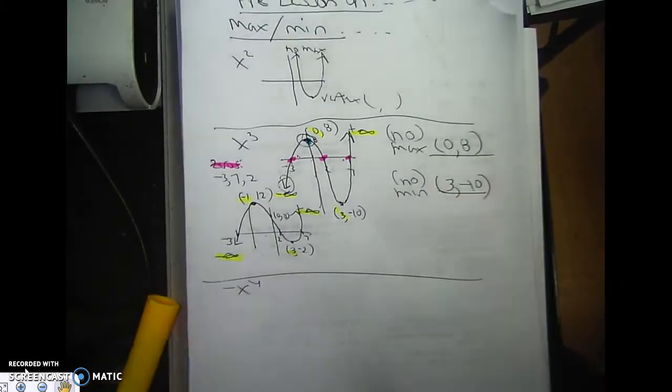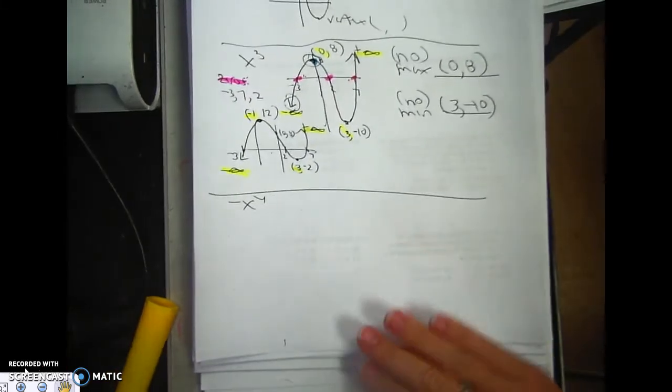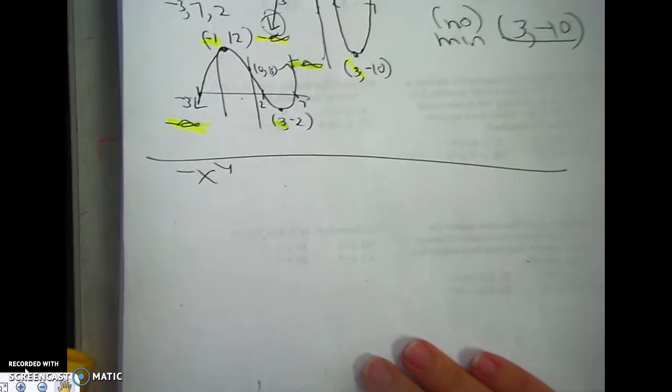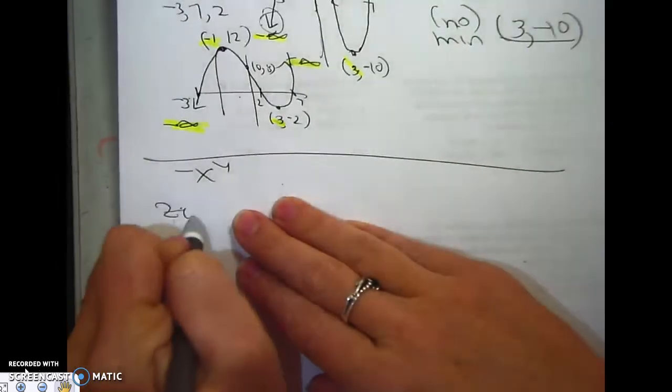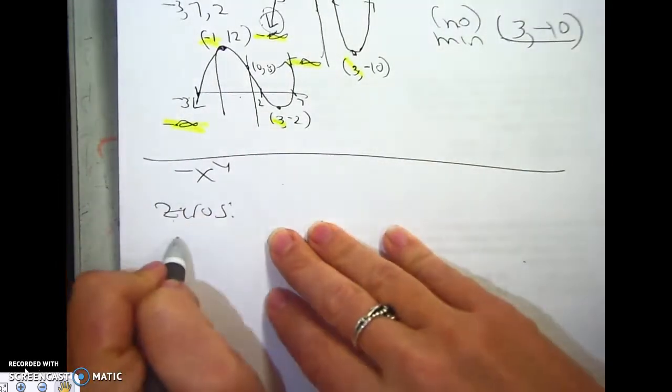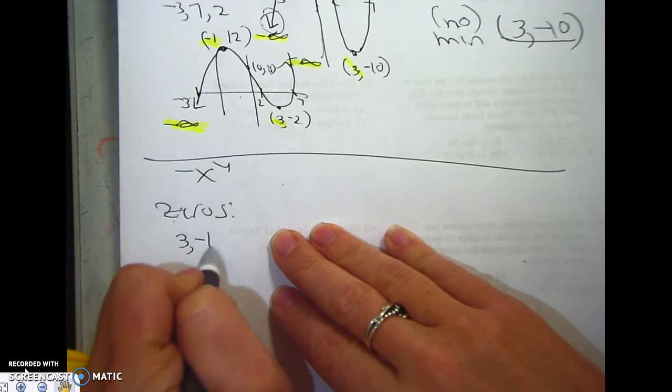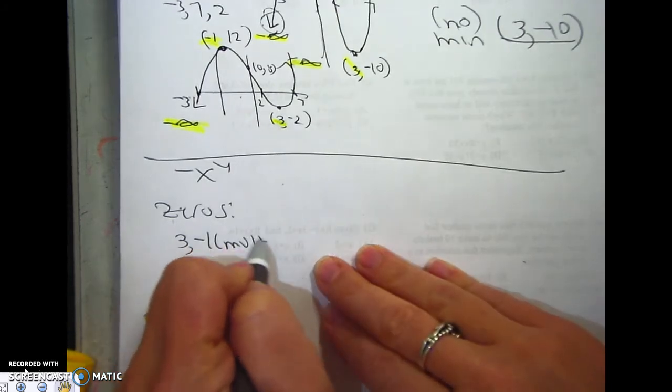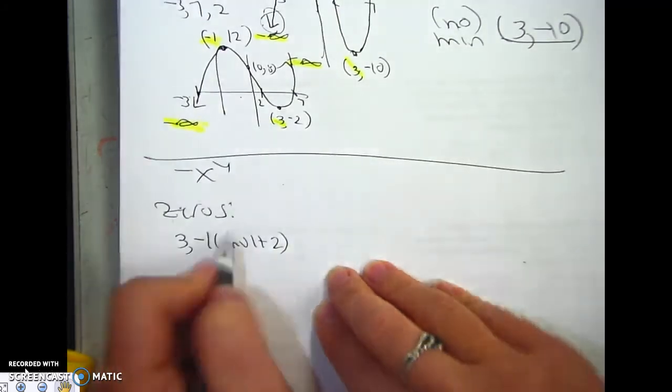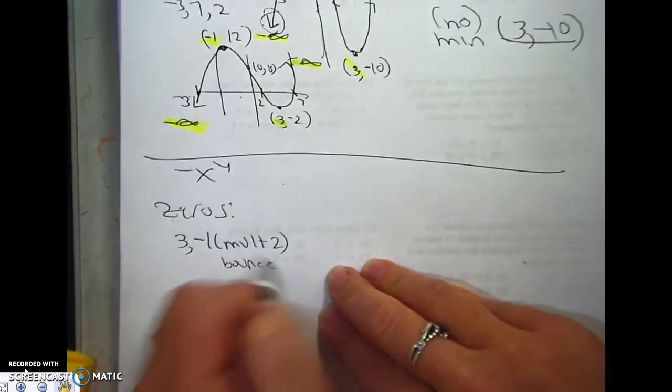Let's say I had a -x to the 4th. So if I have a -x to the 4th, and let's say my zeros are 3, -1, and I'm going to write multiplicity 2, which means there's 2 of them, which means you're going to have a bounce, okay?